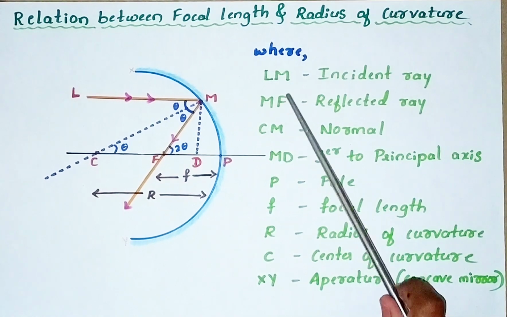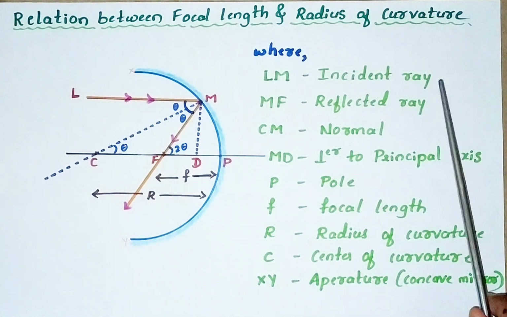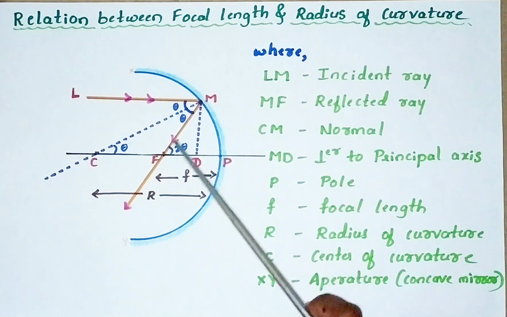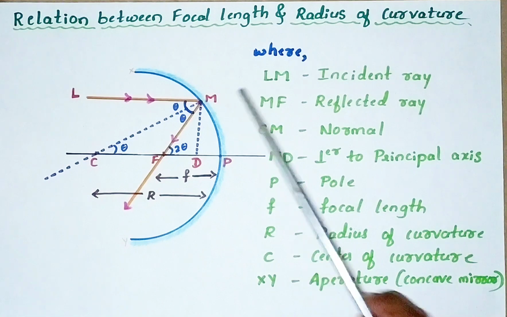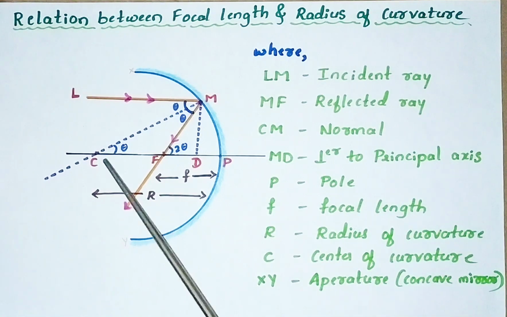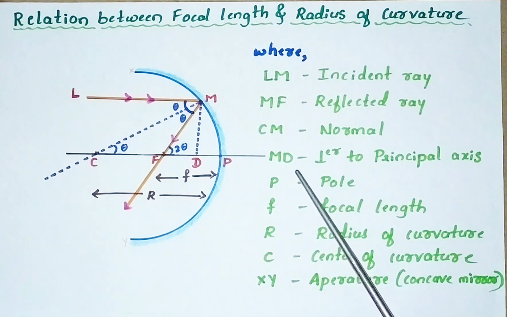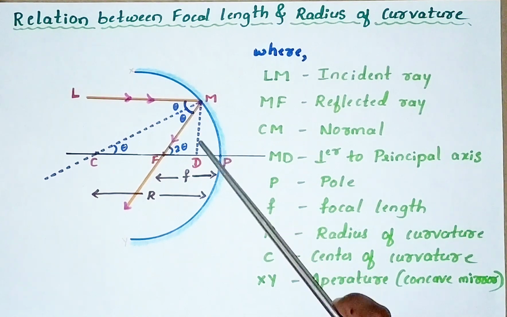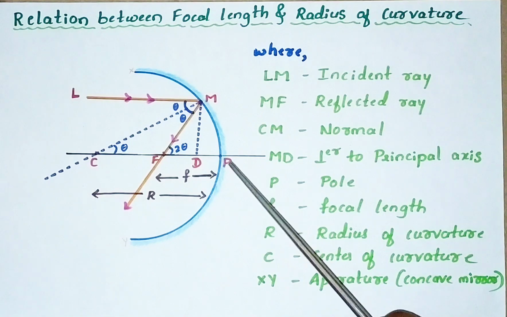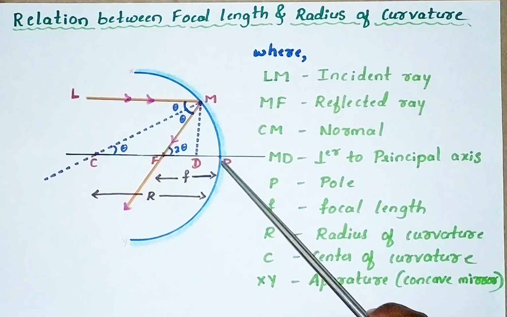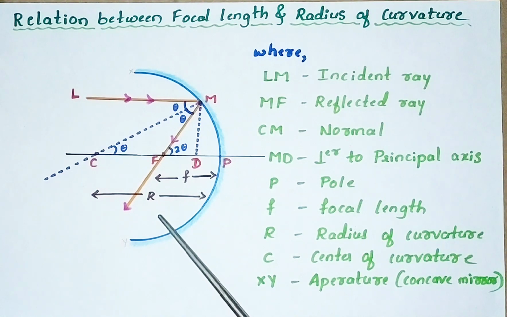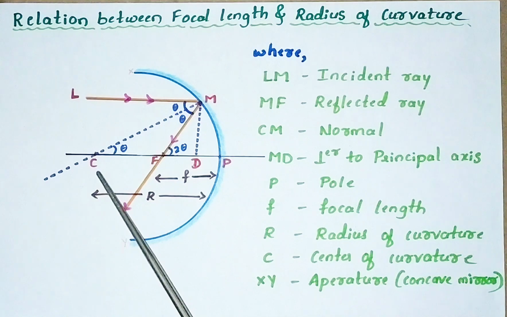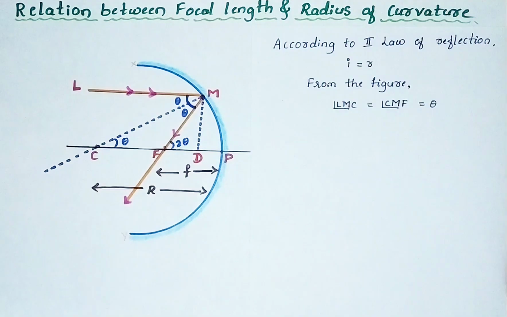In that ray diagram, LM indicates the incident ray, MF indicates the reflected ray, CM indicates the normal, which is passing through the center of curvature, MD indicates the line perpendicular to the principal axis and very close to the pole, P indicates the pole, F indicates the focal length, R indicates the radius of curvature, C indicates the center of curvature, and XY is the aperture of the concave mirror.